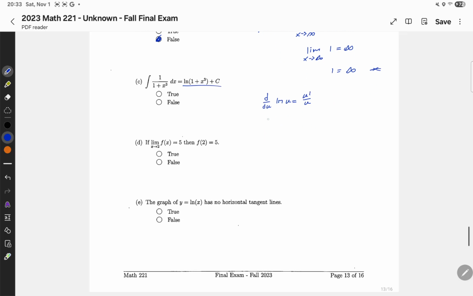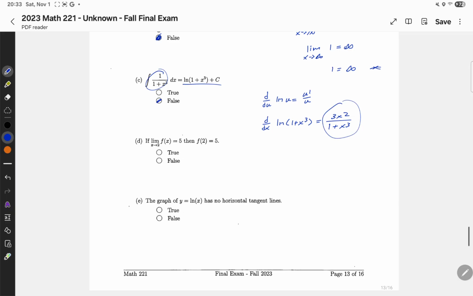If we take the derivative with respect to x of natural log of 1 plus x cubed, this is going to be equal to u prime, the derivative of the inside, which is 3x squared, over the inside, 1 plus x cubed. This does not match with the integrand, so this is going to be false, just like that.